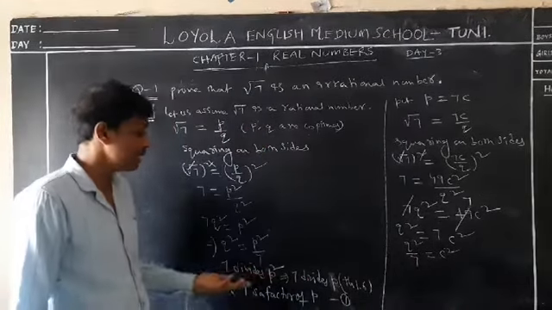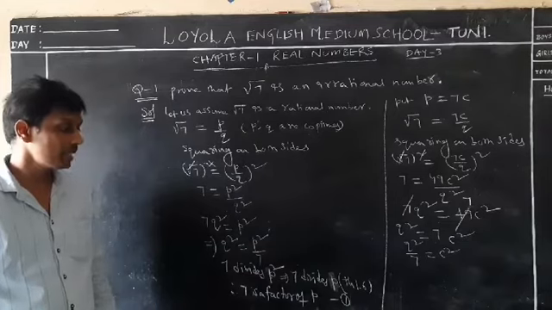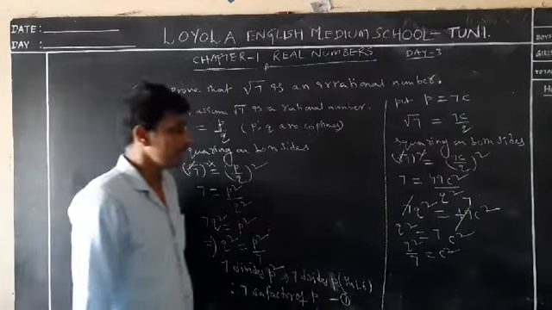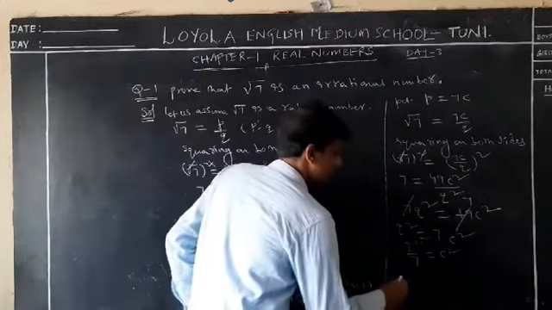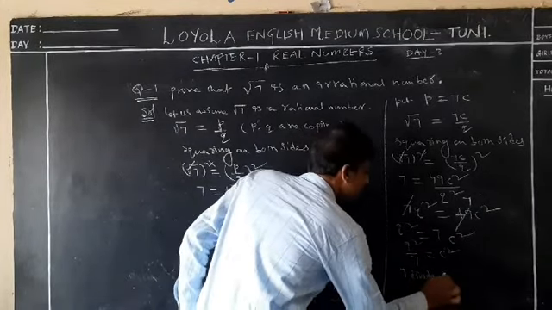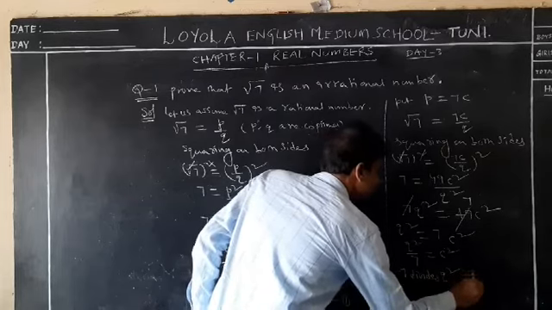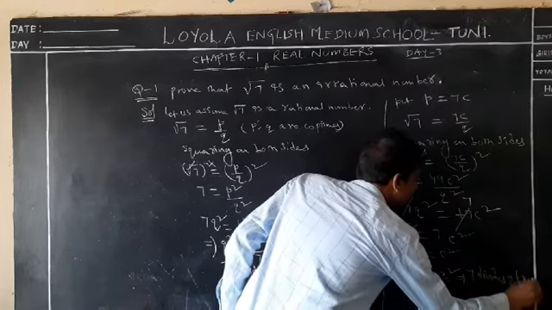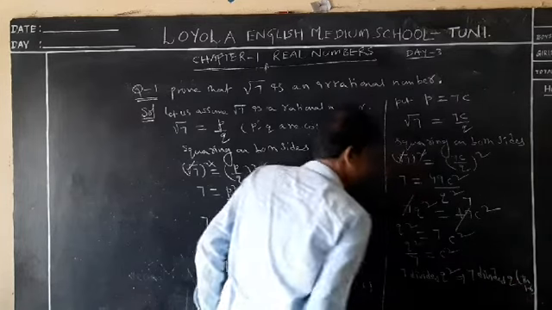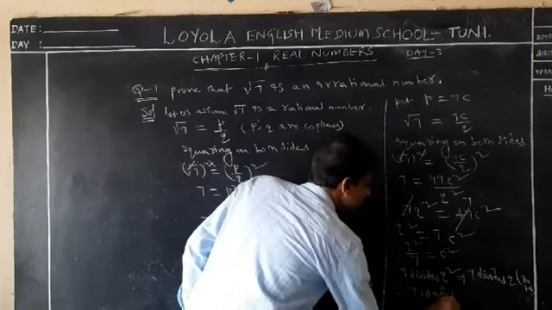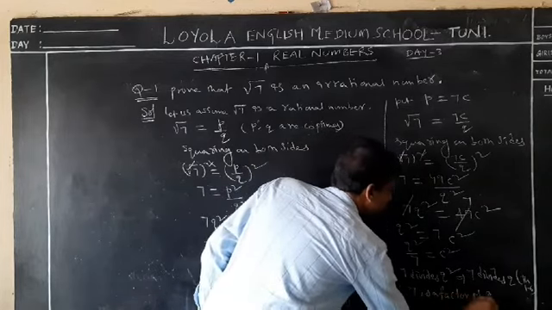Again by using theorem 1.6, 7 divides q square, which implies 7 divides q. Therefore, 7 is a factor of q.